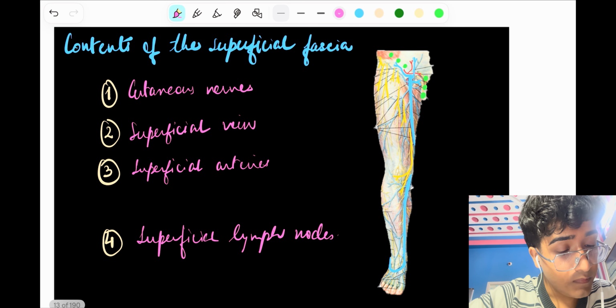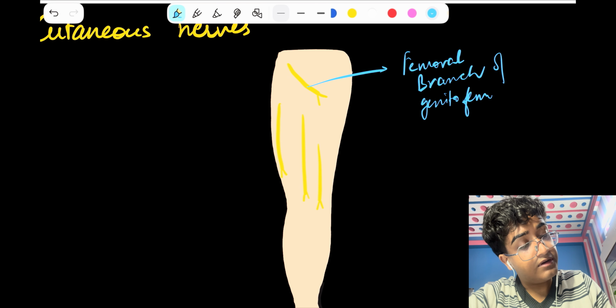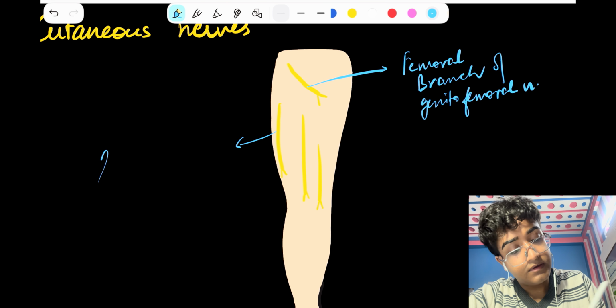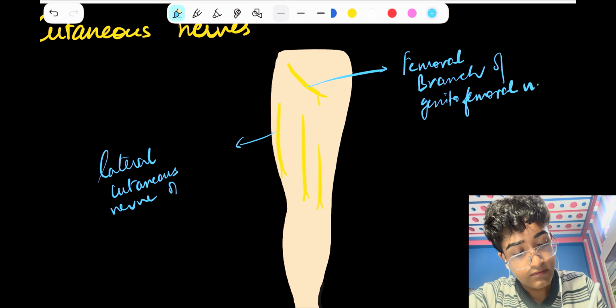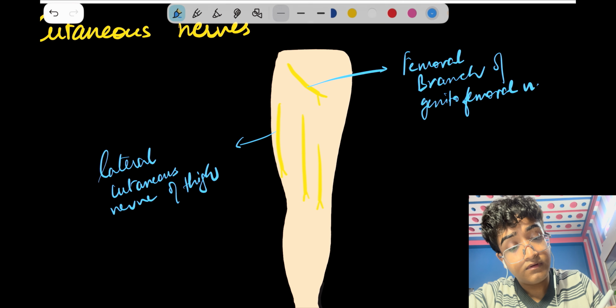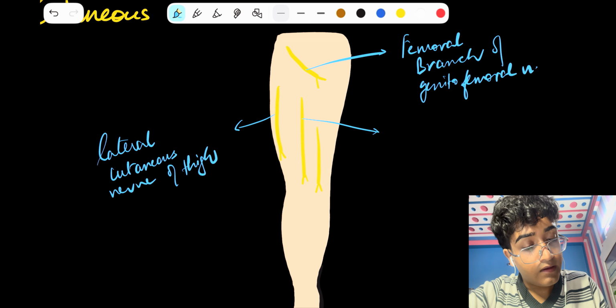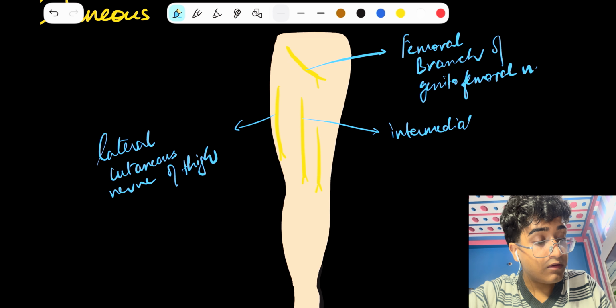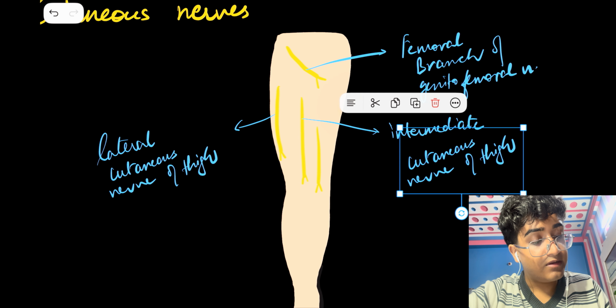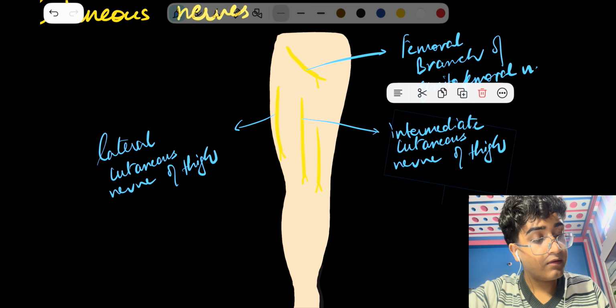This is the femoral branch of the genitofemoral nerve, lateral cutaneous nerve of thigh, this is intermediate cutaneous nerve of thigh, and this one we have medial cutaneous nerve of thigh.